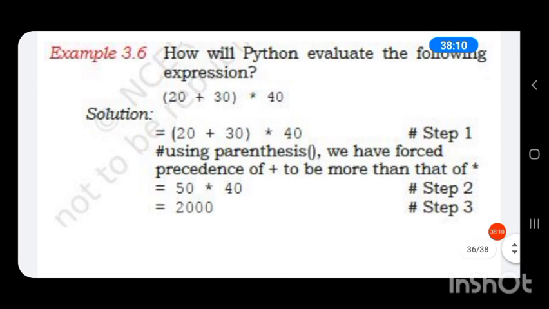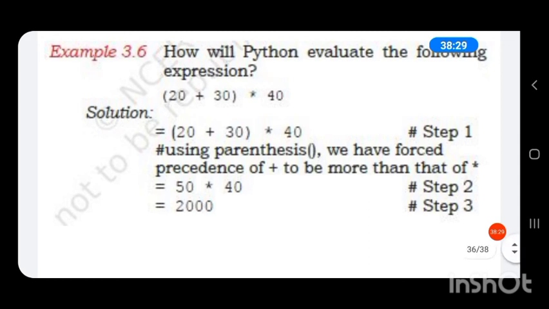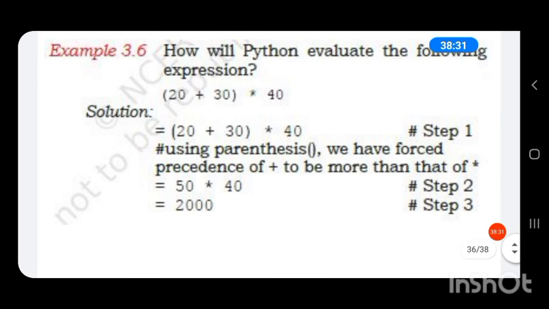What is inside the bracket? A plus operator. So it will first do the addition, 20 plus 30, that is 50. Then 50 into 40, that is 2000. So what is inside the parentheses is given higher priority.